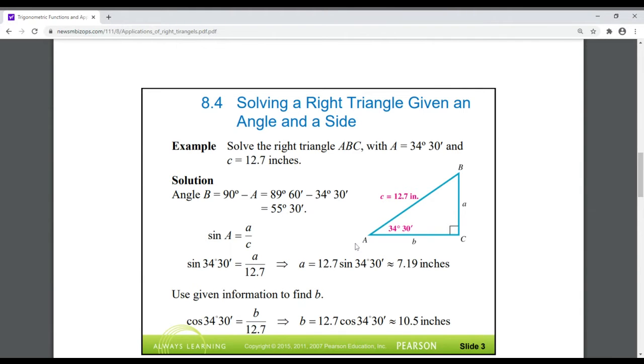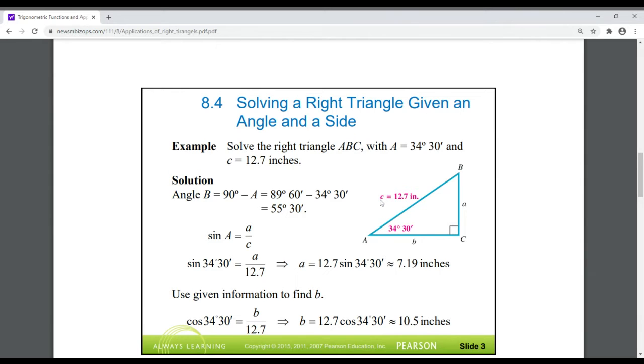So notice as we look around this right triangle, I have capital A, which is angle A, a capital B, which is for angle B, and a capital C, which is for angle C. Now, normally in the problems, they're going to always set the right angle equal to C. Standard labeling also consists of the sides that are opposite your angle having the corresponding lowercase letter to represent the side length. For example, across from angle C, I have side length c.